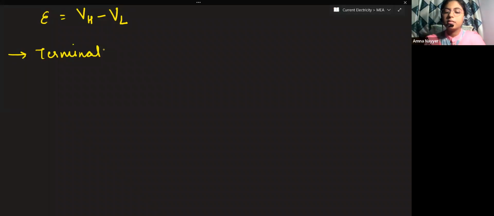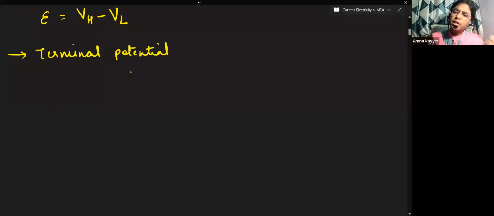That's why I'm saying all these terms, EMF, voltage, potential, terminal potential, all have the unit V. Sometimes E is written instead of capital V, sometimes terminal potential difference is written. There's a slight difference in each of them, but majorly they have the same properties. They are voltage only, with all the properties of voltage.